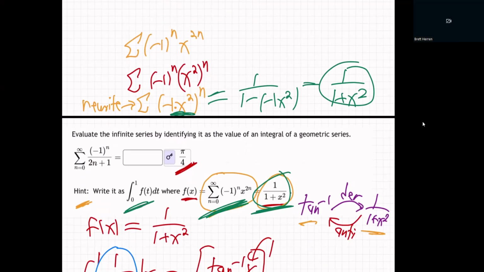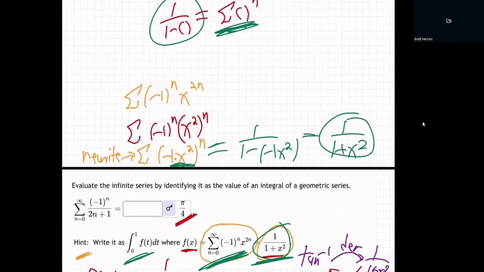But why does the integral of that work? Now, the last little bit of proof here. If you integrate the f, meaning this, minus 1 to the n x to the 2n, the minus 1 to the n doesn't matter. Just pull that to the front. It's just a constant number.